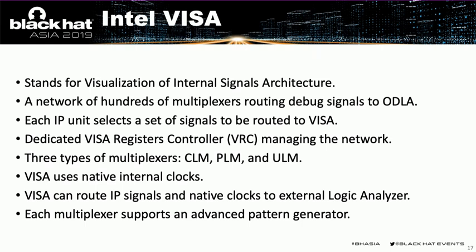Visa operates by native clocks of the chip and PCH of chips, and you only need to know a clock selector for a set of desired signals. This information can be obtained from a special file named Visa XML, which exists for every platform model and for every stepping.